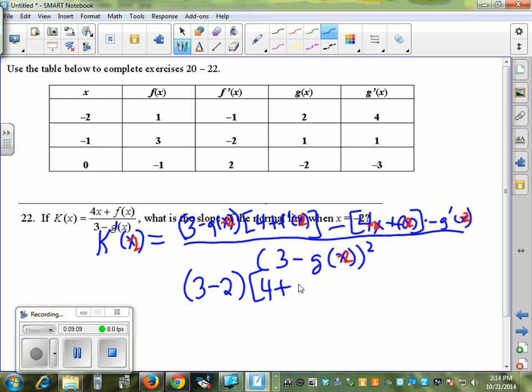That's -1. Minus 4 times -2 is -8. Plus the value of f when x is -2.